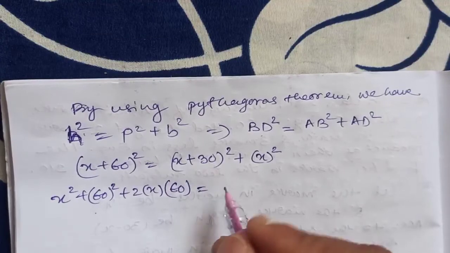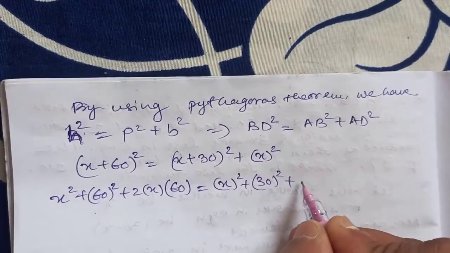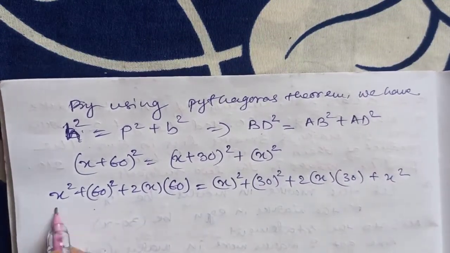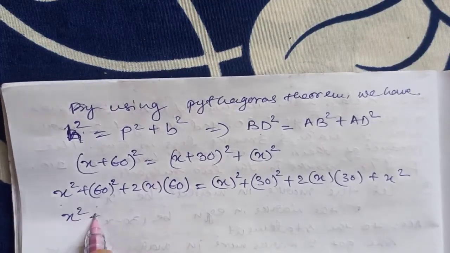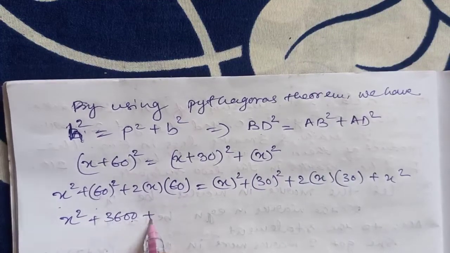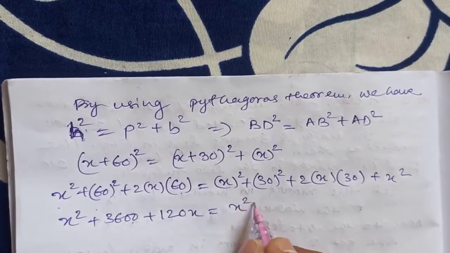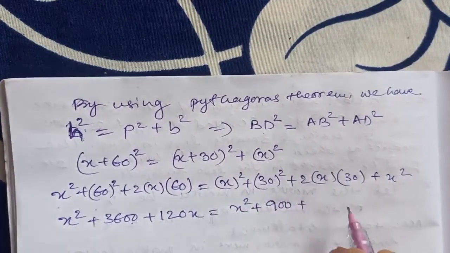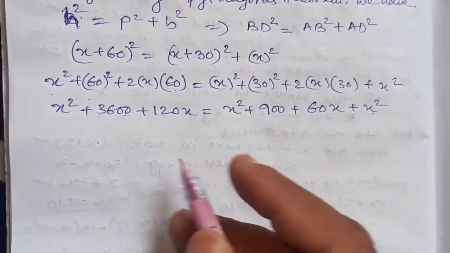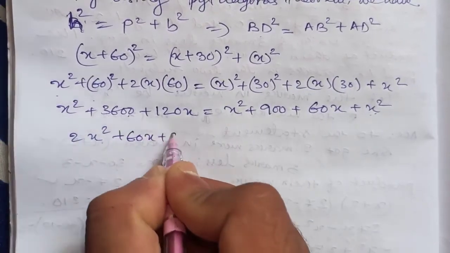So we will get x square plus 3600, 6 sixes are 36, 00, and 2 sixes are 12, so 120x. X square plus 900 plus 60x plus x square. X square plus x square will give us 2x square plus 60x plus 900.